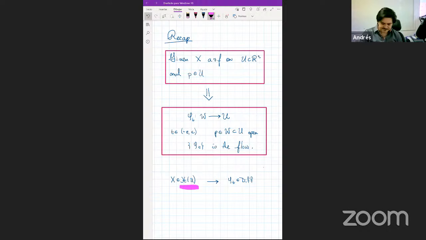So this set of vector fields in R2 is a vector space, right? It is infinite dimensional, but it is a vector space.